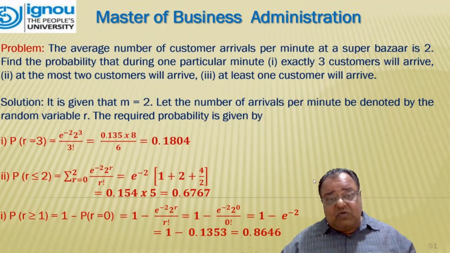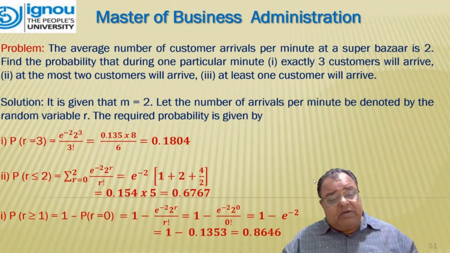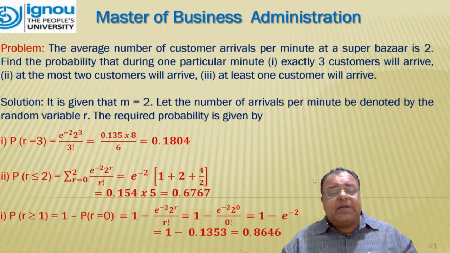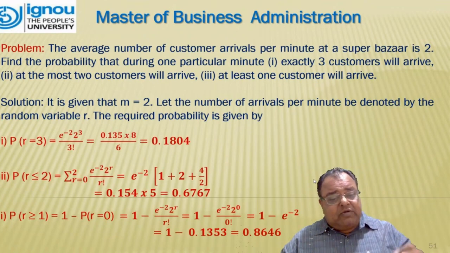Now, for the second case, we have to calculate at most 2. For at most 2, we have to calculate P(r ≤ 2). That means we will be adding up all the values for r equal to 0, 1, and 2. The formula will be e raised to the power minus 2 into 2 raised to the power r upon r factorial.